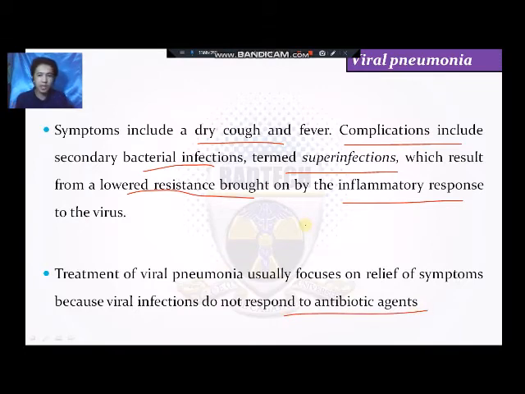So similar to our pandemic, right? This is a virus that does not respond to antibiotic agents. But if, for example, you have the virus and you have conditions related to having COVID that can be treated with other drugs, then those are what we treat, instead of the virus itself. The signs and symptoms that can be treated with medications are what we treat.